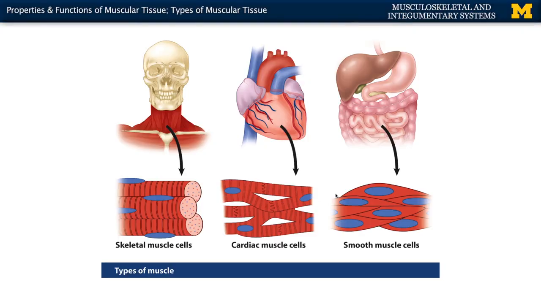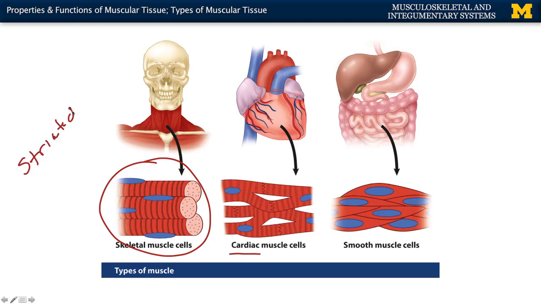Now, we are going to focus mainly on skeletal muscle cells. When we're talking about the musculoskeletal system, we're talking skeletal muscle cells. Now, both skeletal muscles as well as cardiac muscles are referred to as striated muscles.